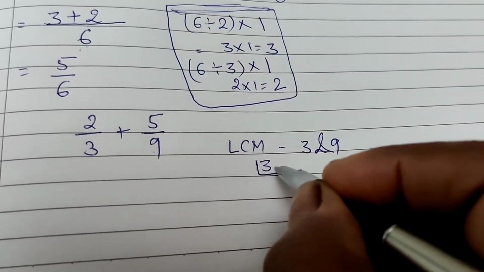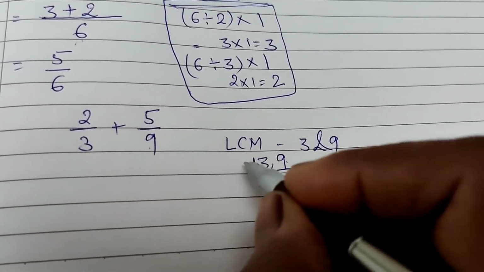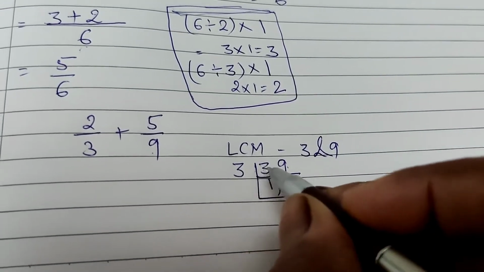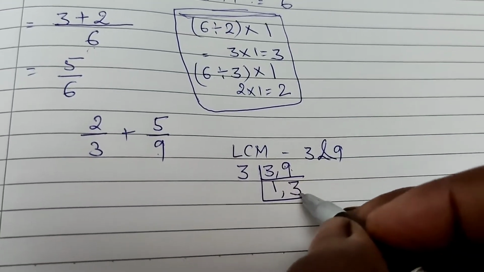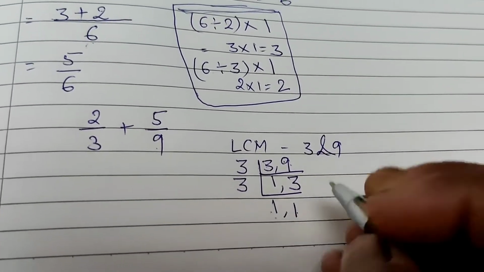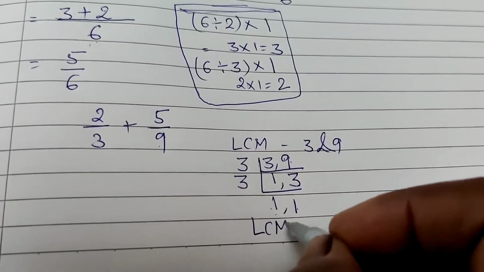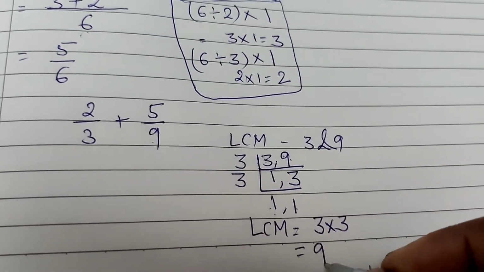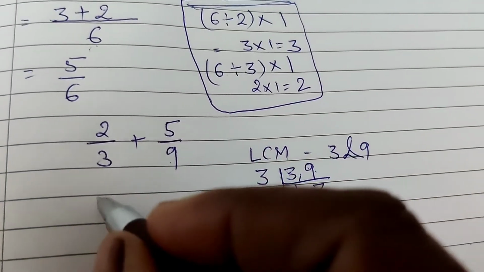Just the simple process. 3 and 9 divided by 3. You will get 1 and 3. 3 ones are 3 and 3 threes are 9. Now again divide, you will get 1, 1. It means LCM is 3 into 3, 9. Take the LCM here, 9.